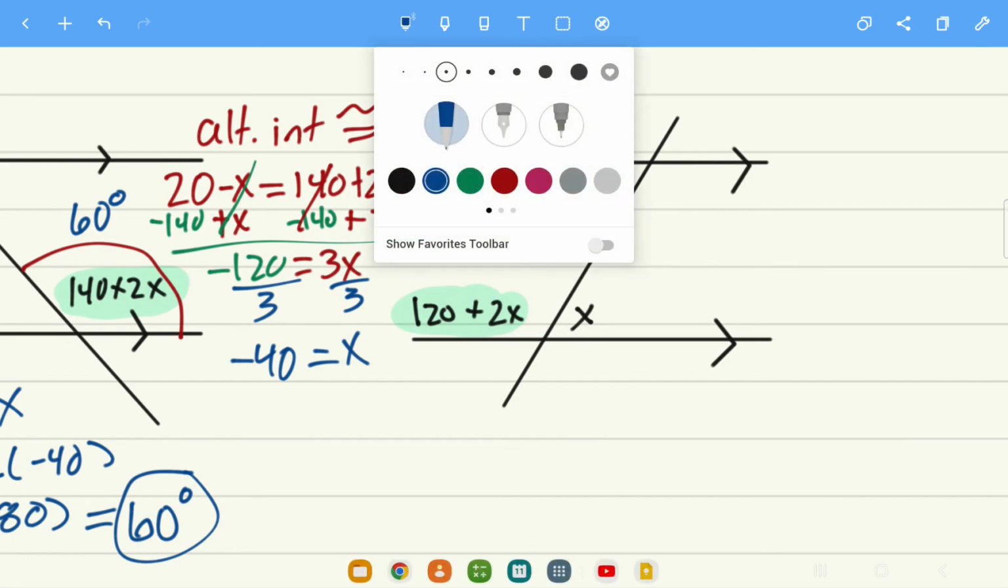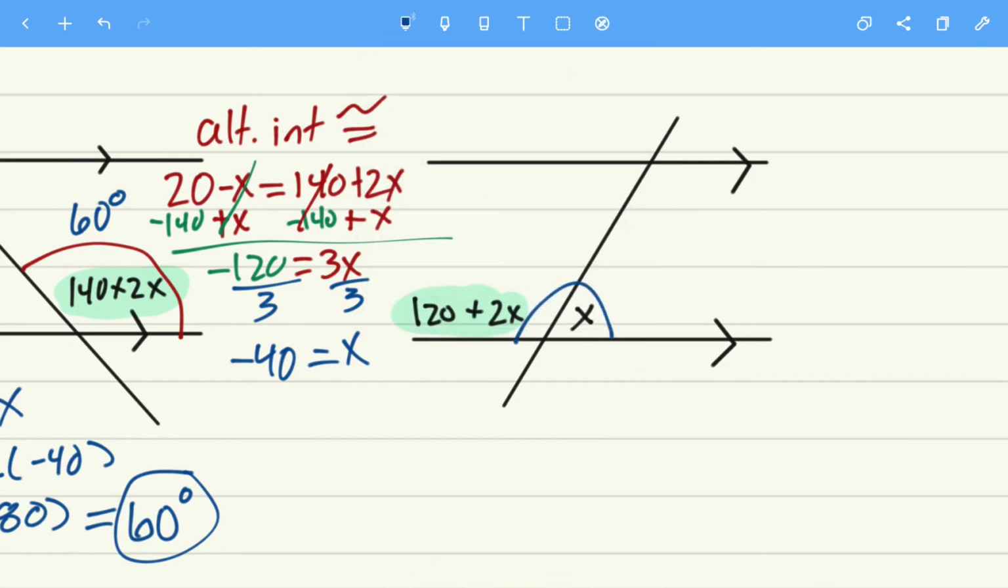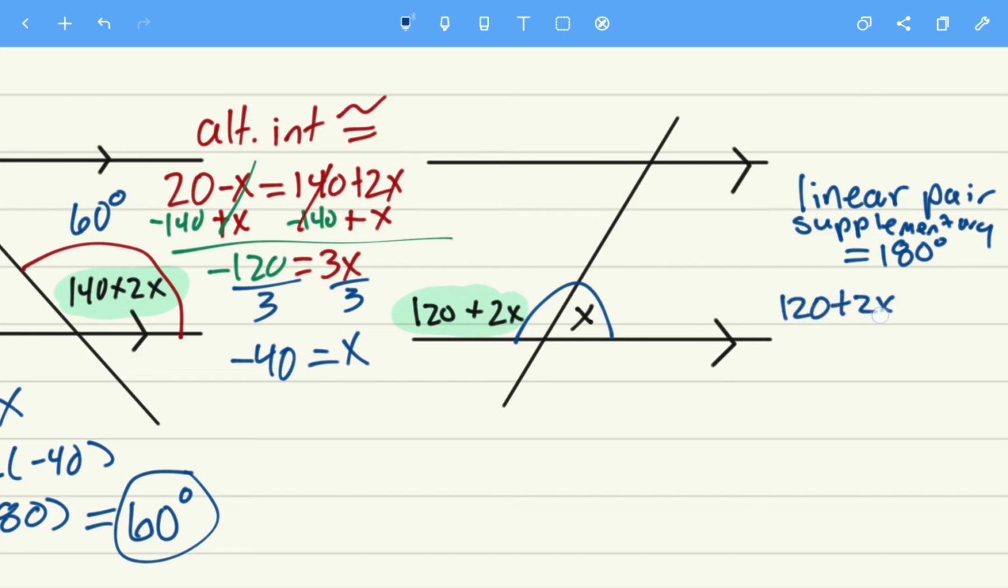We have what looks to be a linear pair, which makes them supplementary, which means they equal 180 degrees. So I'm going to repeat the process. 120 plus 2x plus x equals 180.